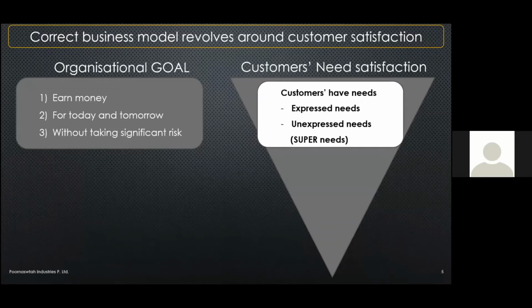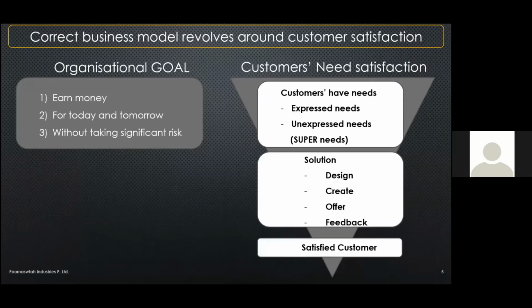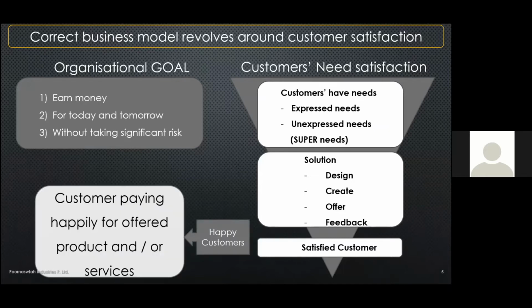If you are able to identify this unexpressed need, design a solution towards it, create a model, offer it to the end consumer, and take feedback on it quickly, you have a satisfied customer, which in turn is a happy customer who pays happily for products and services.